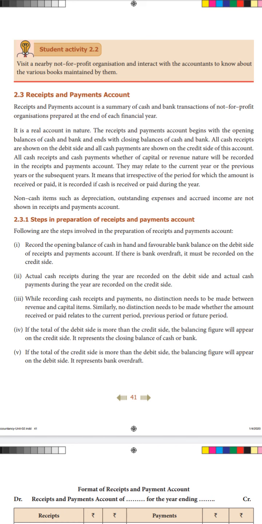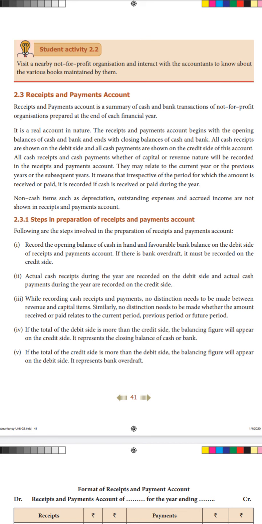Second, all the cash receipts are recorded on the debit side, and all the cash payments which are being made are recorded on the credit side. Whenever we receive any cash, we will enter it on the debit side of the receipt and payment account. Whenever we make payment, that is the expenses, then we will enter it on the credit side.